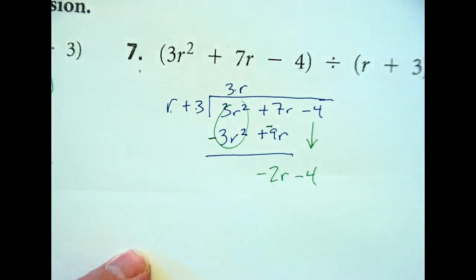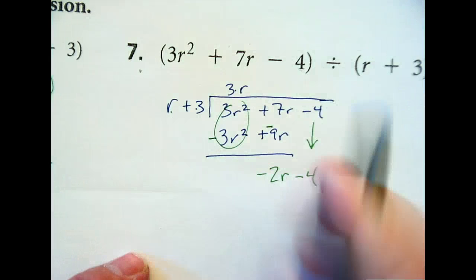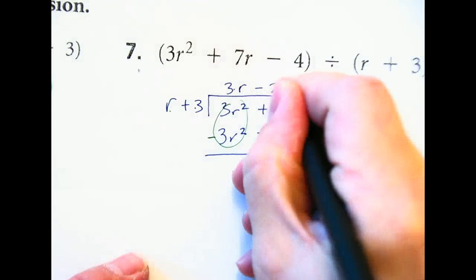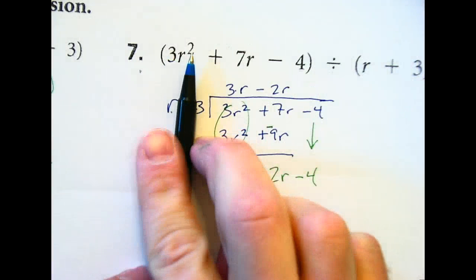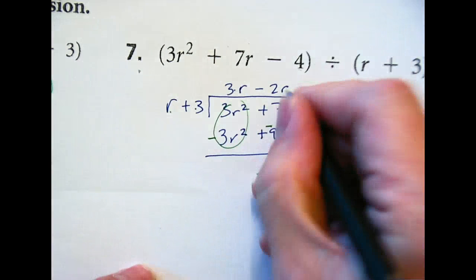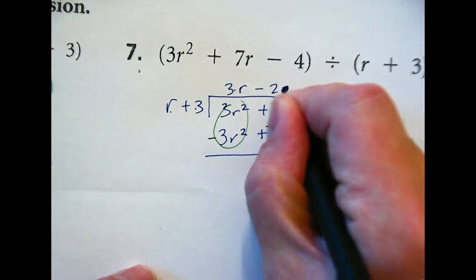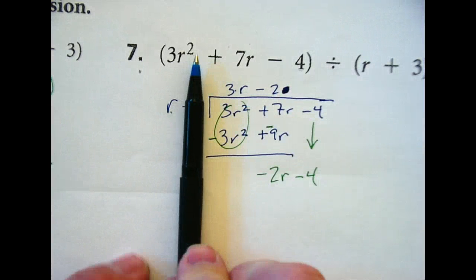Any questions up to there? How many are still good up to there? Okay. R times negative 2r. Okay. That gives us, r times negative 2. Okay. Negative 2 times r gives us negative 2r.